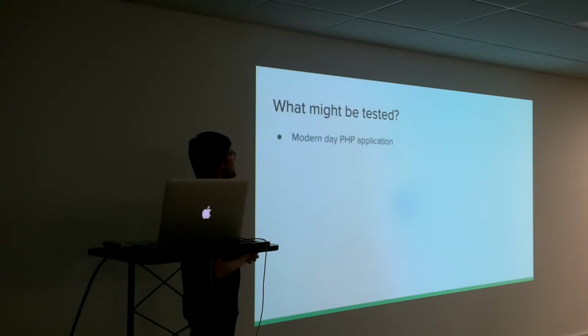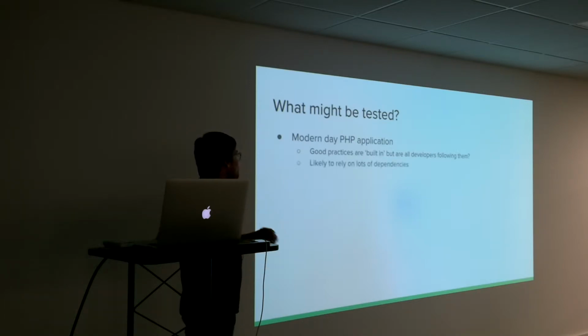So you could be testing a modern-day PHP application. Something like Laravel has fairly good practices for authentication and things like that built in. But modern PHP applications do tend to have a lot of dependencies. So looking for vulnerabilities in dependencies could be an important thing.